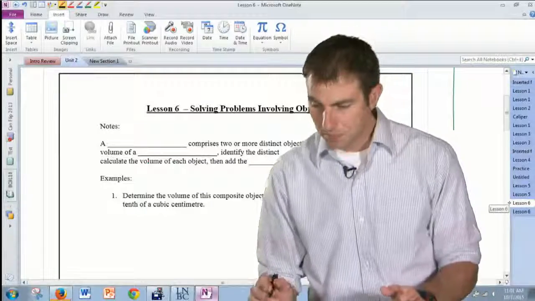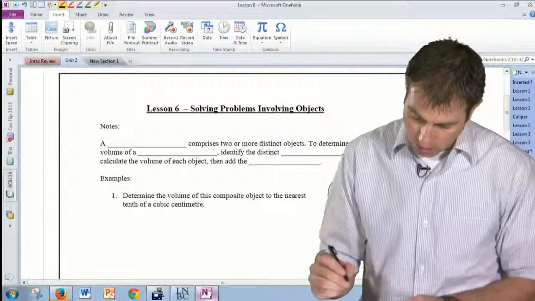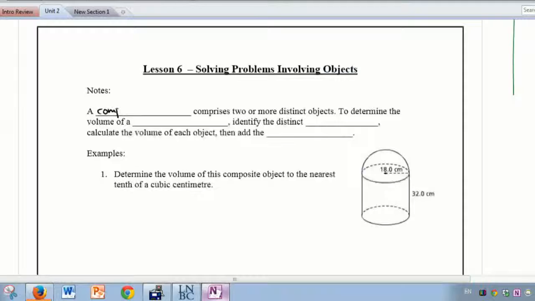Go back here. So a composite object comprises two or more distinct objects. To determine the volume of a composite object, identify the distinct objects.